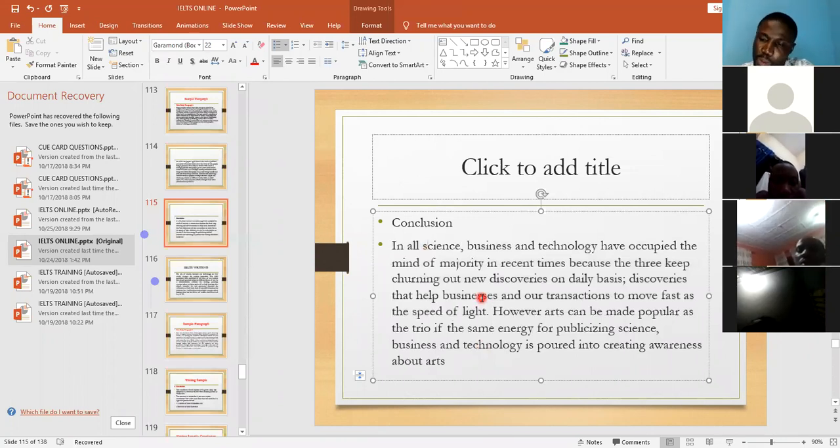I keep changing those words because the moment you keep changing them, your mark will get higher. And instead of saying, however, arts can be made popular as the trio, instead of saying the three again or mentioning them all over again, and instead of saying making arts as popular by advertising, I said pouring the same energy into creating awareness, which is a higher, alternate expression.